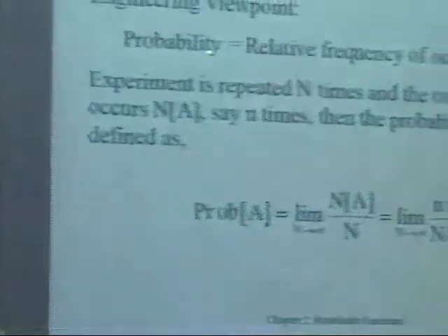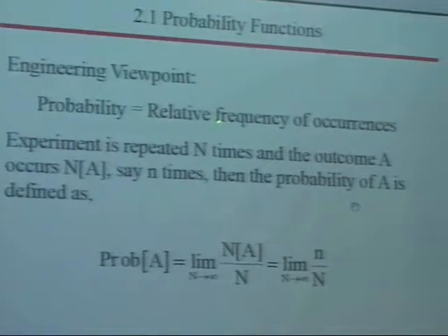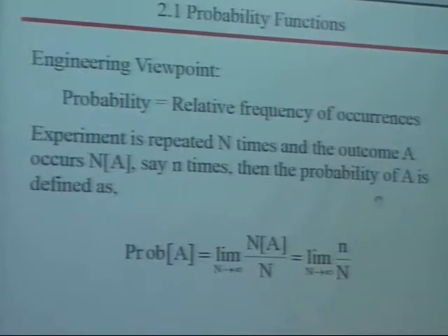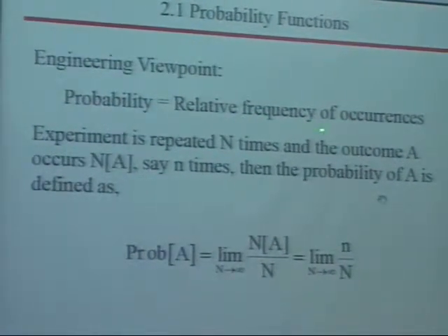First, I'll try to get the implication rather than the mathematical definition. What is it? What is the probability? Well, probability is simply the chance. So in engineering, from the viewpoint of engineering, the probability is the relative frequency of occurrence.